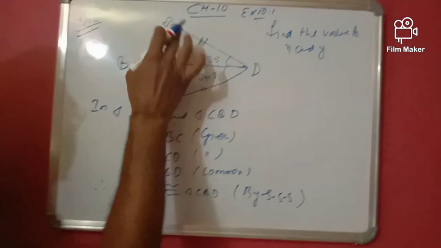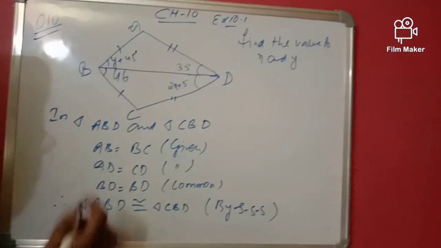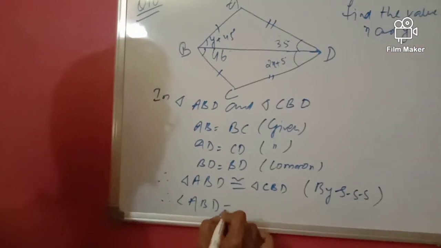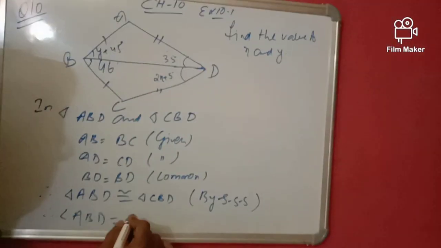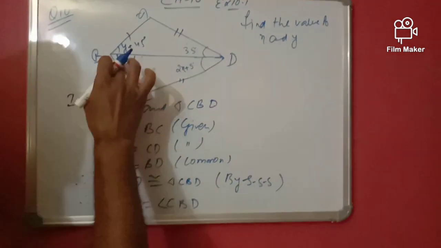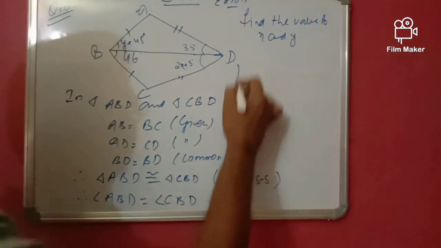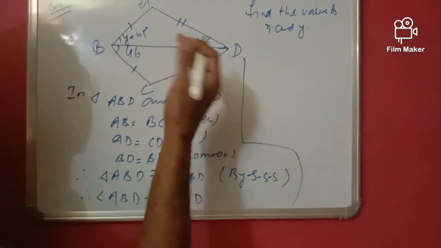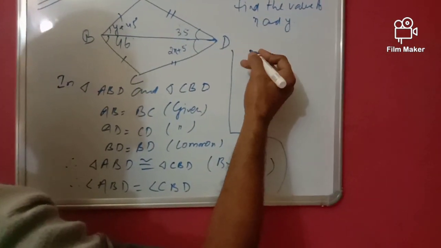Therefore angle ABD equal to angle CBD, by CPCT. Now see, we have to find the value of x and y.